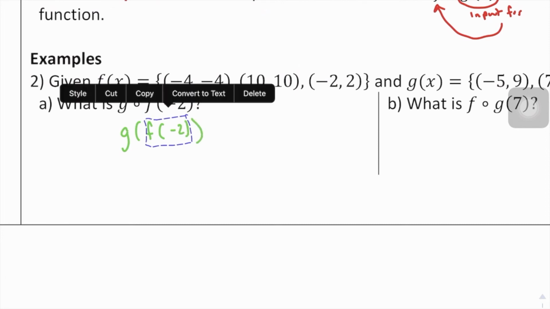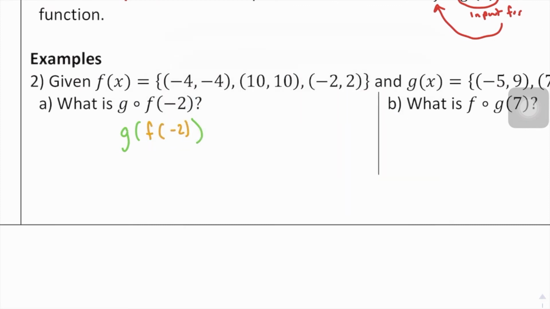So we have to evaluate what's the orange first before we get to the green, because composition works just like order of operations. You do the innermost parentheses first and then work your way out. So f of -2, we're looking for an input of -2. There it is. And the result is 2.